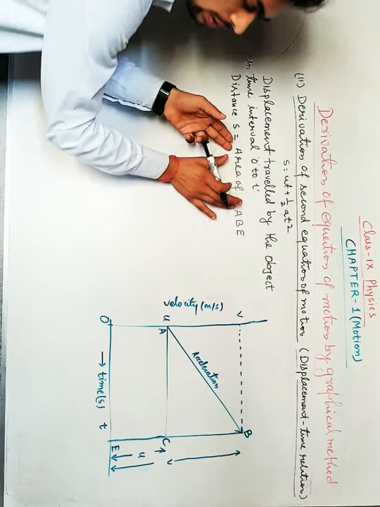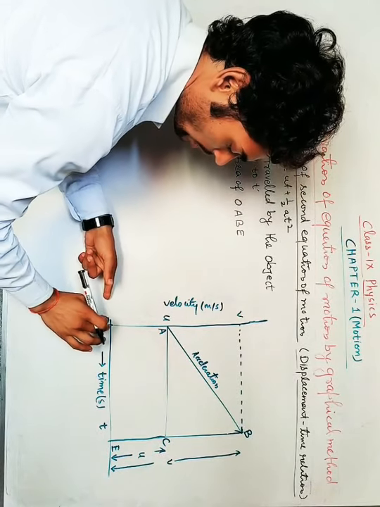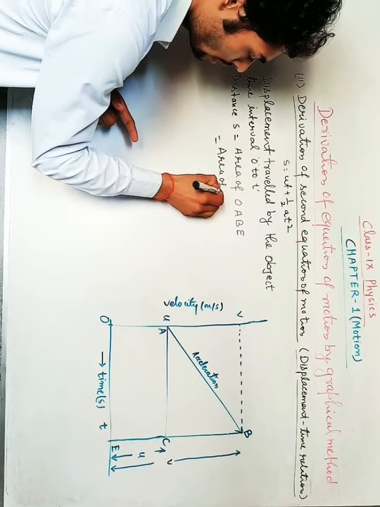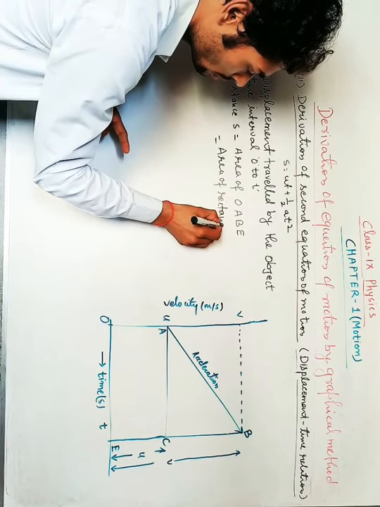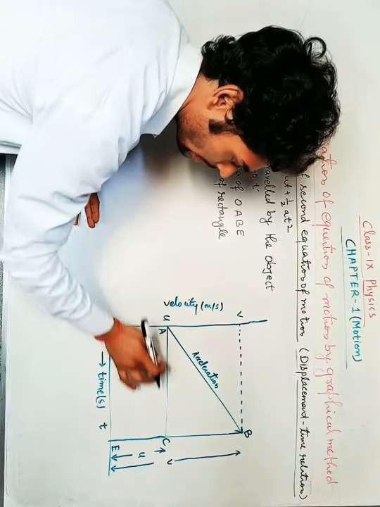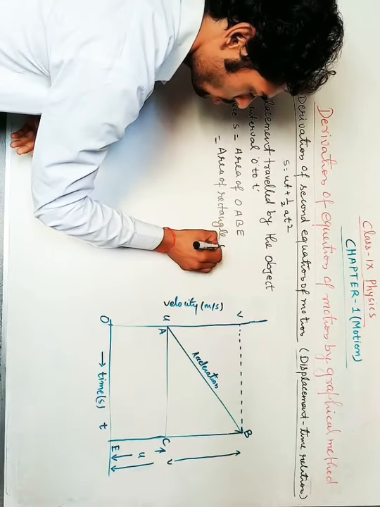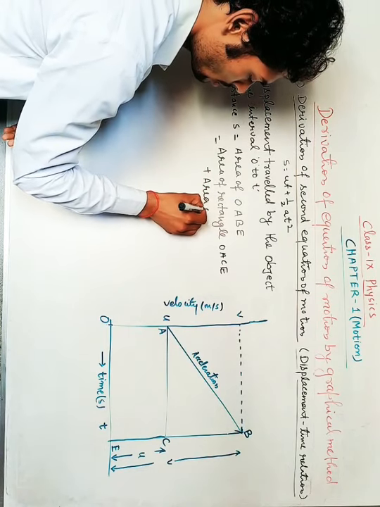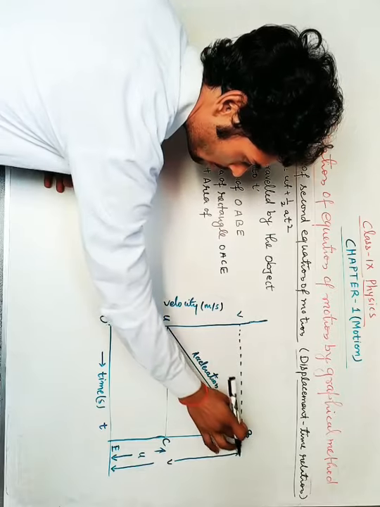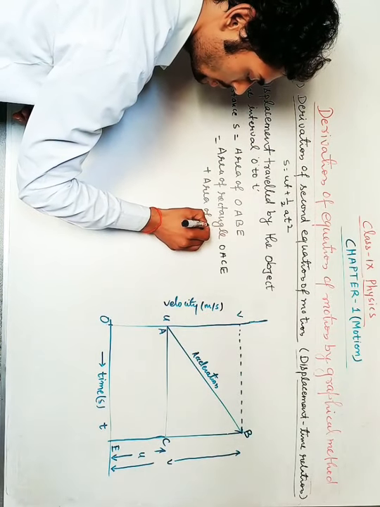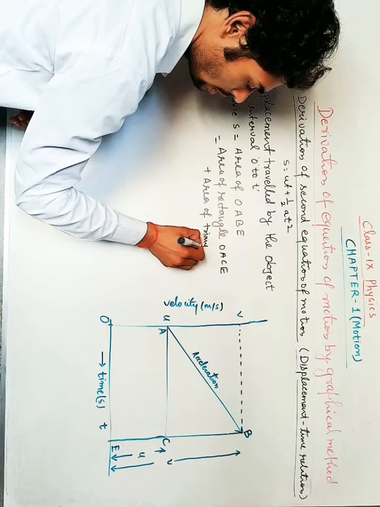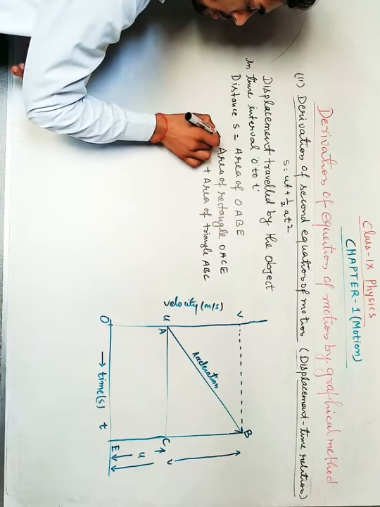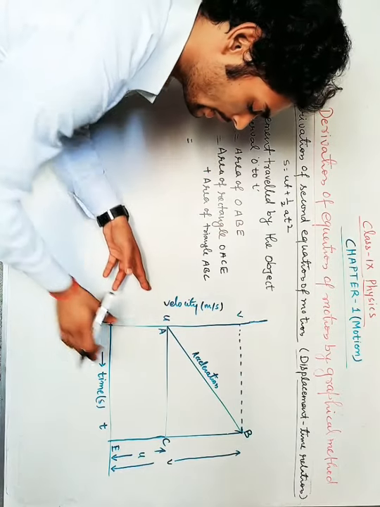This area we can write in this way: area of rectangle OACE plus area of triangle ABC. What is the formula of area of rectangle? Length into breadth.